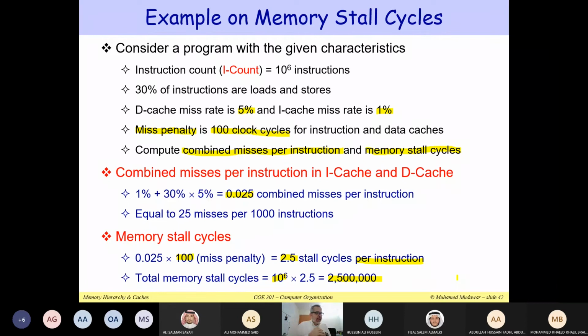So they found that it takes about 100 clock cycles. I'm just throwing a number here, but this is given in the problem statement as measured by the designers: how long does it take to transfer the block from the main memory into the cache? Okay, Ali? Yes. Okay.